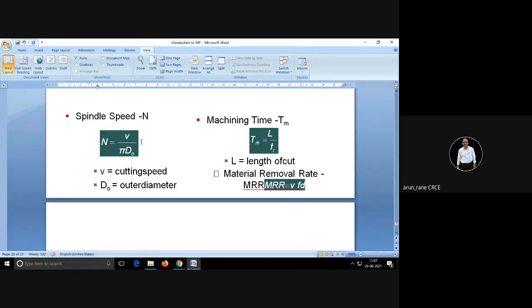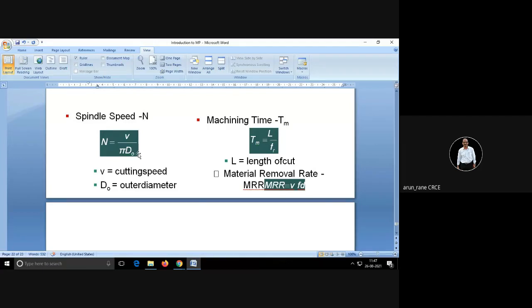The cutting speed is given in meters per minute and diameter also has to be in meter. So meters per minute and this is in meters. So right hand side you will get per minute and here also you have per minute. So dimensionally it is the same.